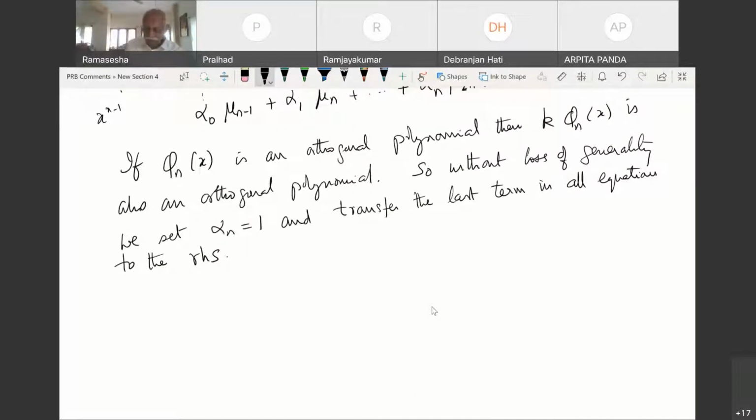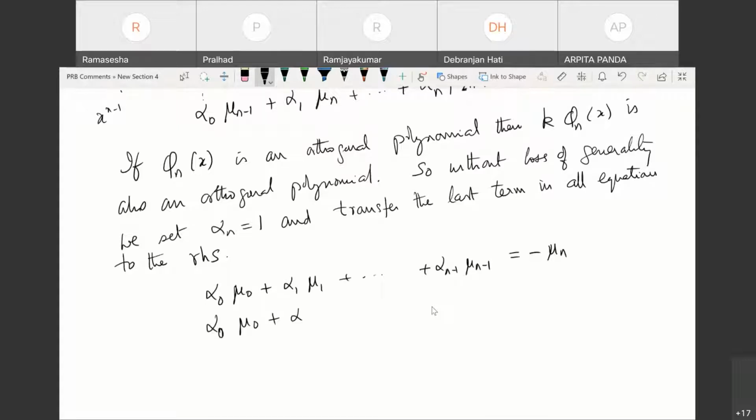I will get the following: alpha naught mu naught plus alpha 1 mu 1 plus etc. plus alpha n minus 1 mu n minus 1 equal to minus mu n.